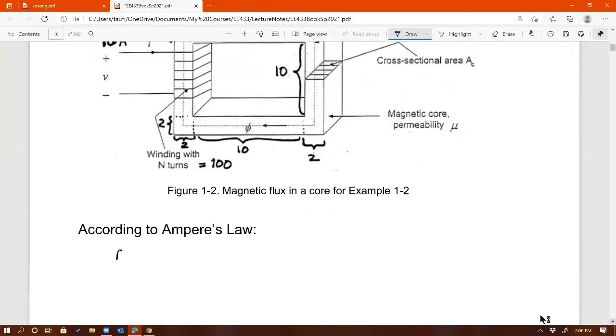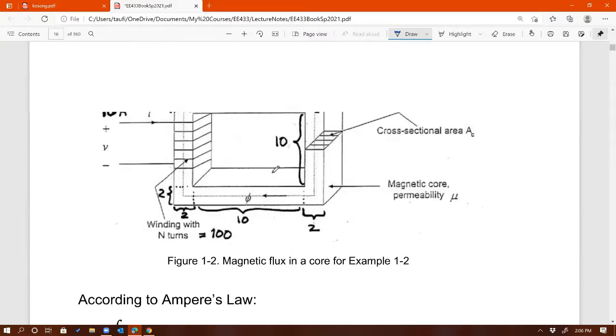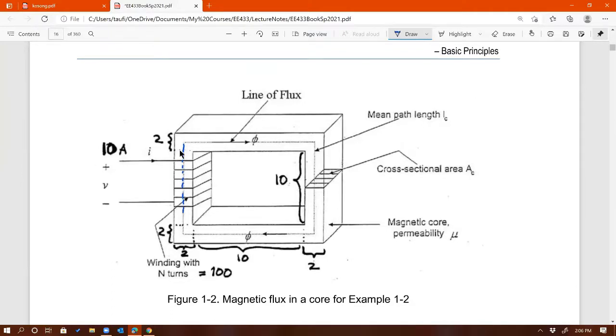So then we just apply the same equation, H times LC is equal to N times I. H is what we're looking for, and LC is the mean path length. The mean path length would be the midpoint, basically, the length I drew with dotted lines right there. So our task now is to calculate the length of this loop.